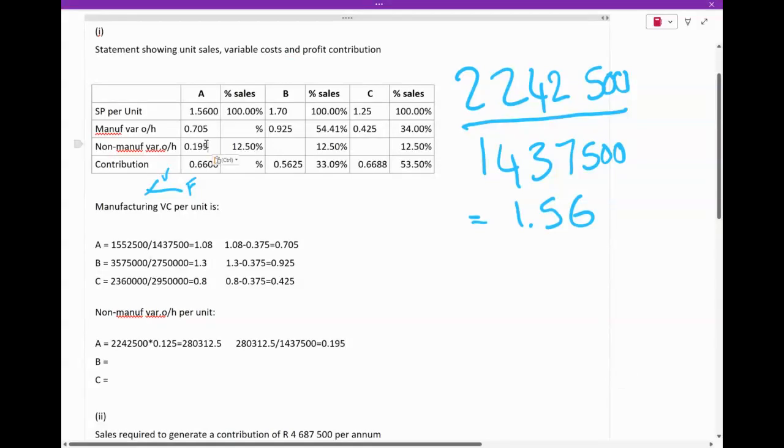Now we have all the necessary information for A. And then we need to do the same thing for B and C. So total sales there was 4,675,000. I need another zero there. Is that right? Yes. Okay.